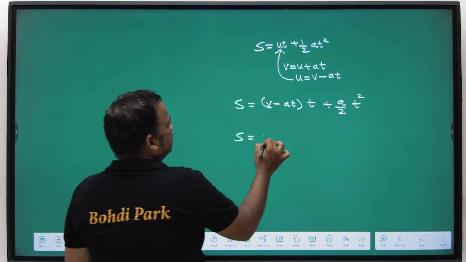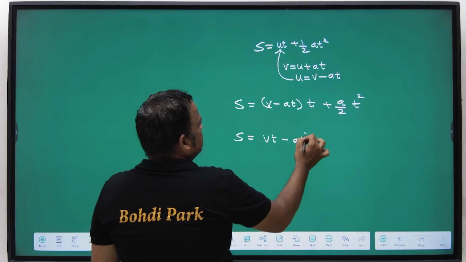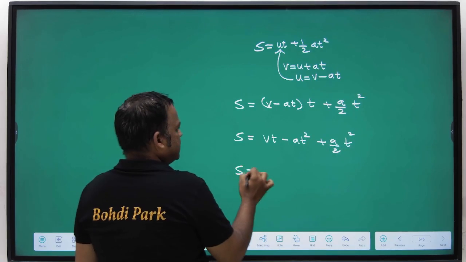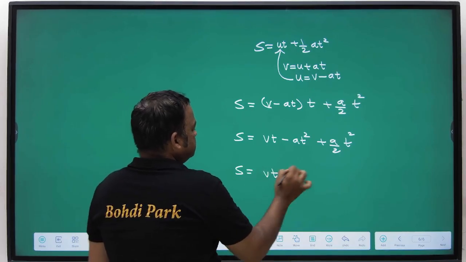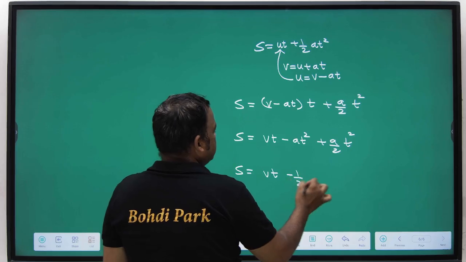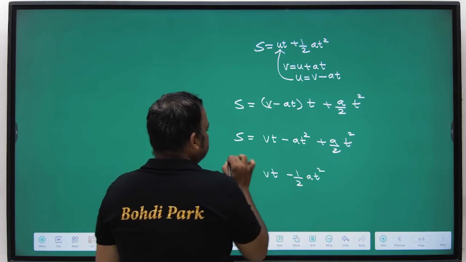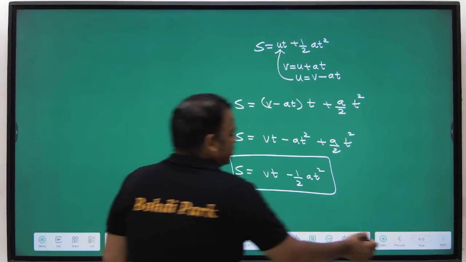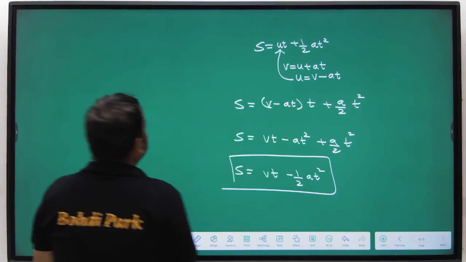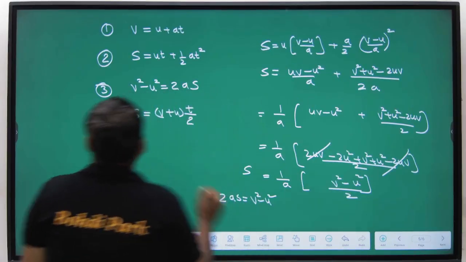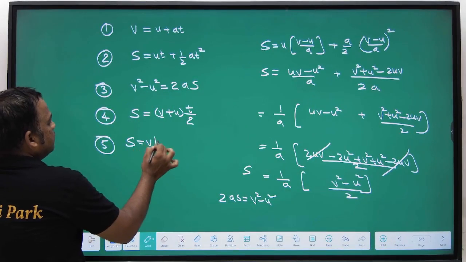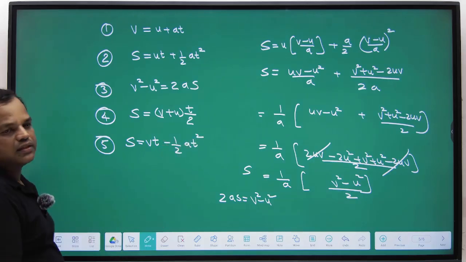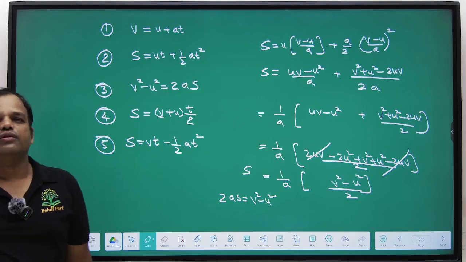So s is equal to vt minus at square plus a by 2 into t square. So s is equal to vt minus half at square. So this is our another equation of motion. We can call it fifth equation of motion. S is equal to vt minus half at square. So these are the 5 equations of motion.